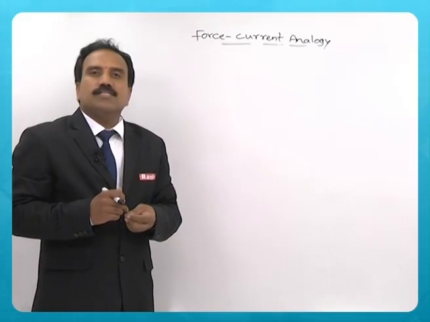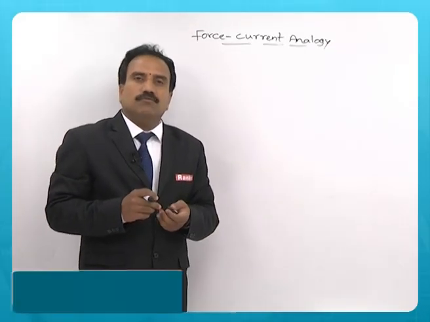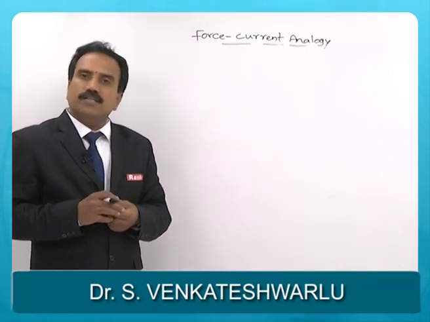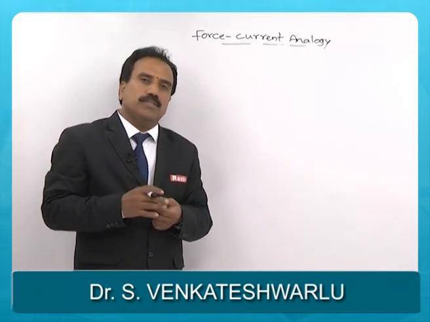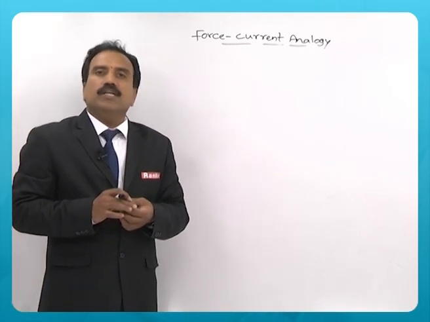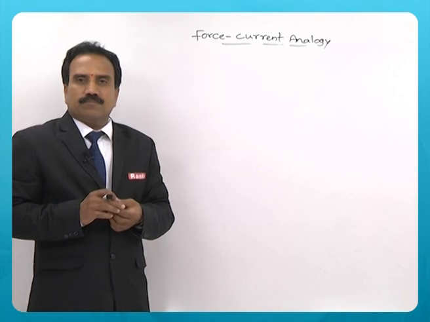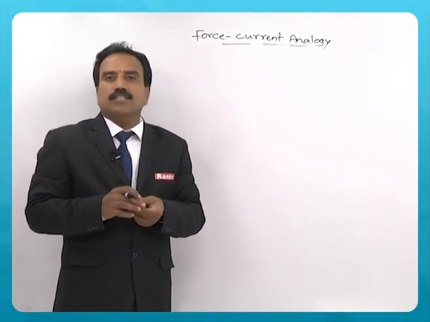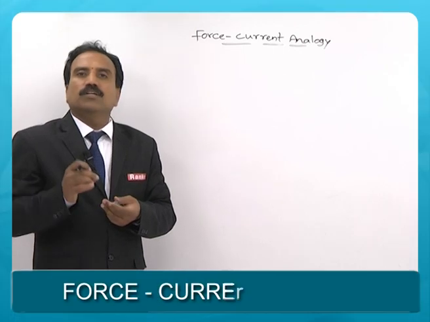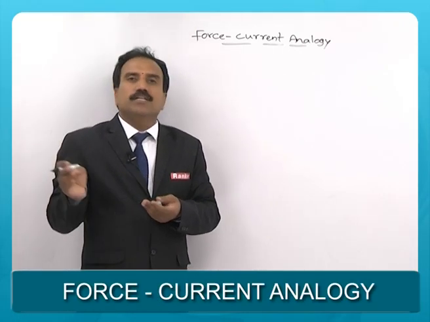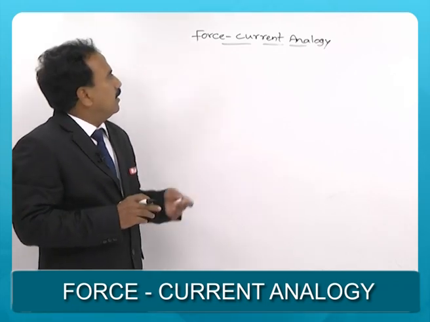As we have discussed in the previous section, force voltage analogy helps the given mechanical system to be transformed into electrical system, because varying any parameter, may be passive or active, is very easy in a given electrical system. So, do whatever modifications you want to do, then transform back into mechanical system.